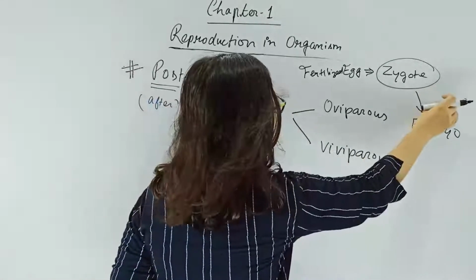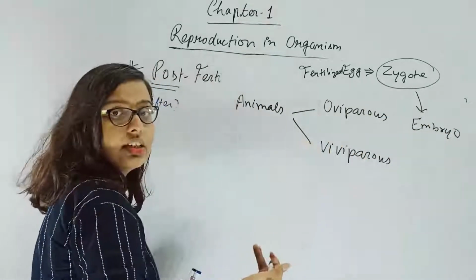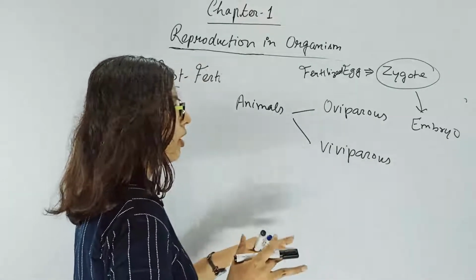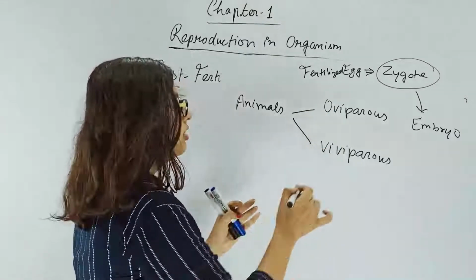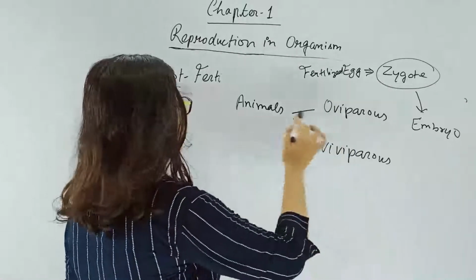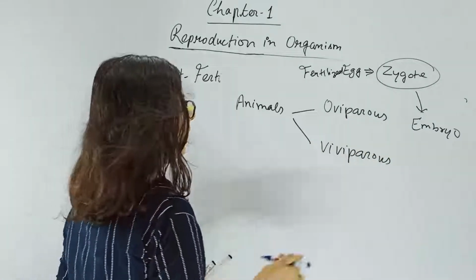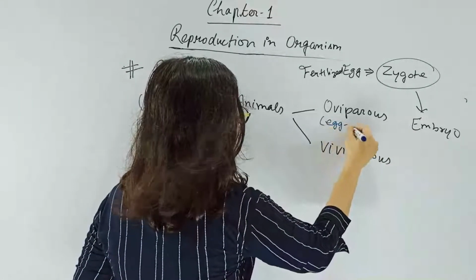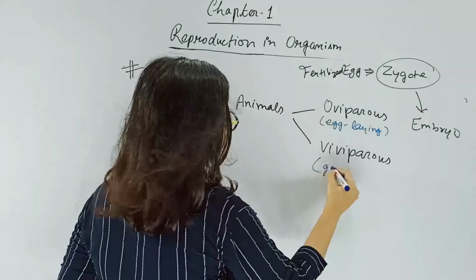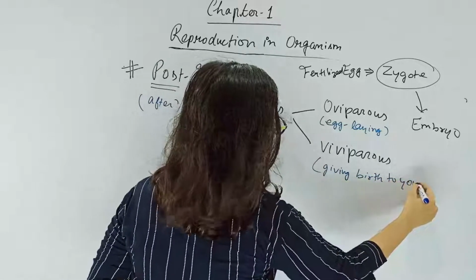If this development or cell division happens outside the female body and inside an egg, if the embryo formation is happening in the egg, then that particular animal will be termed as oviparous. Oviparous means egg laying. And viviparous means giving birth to young ones.